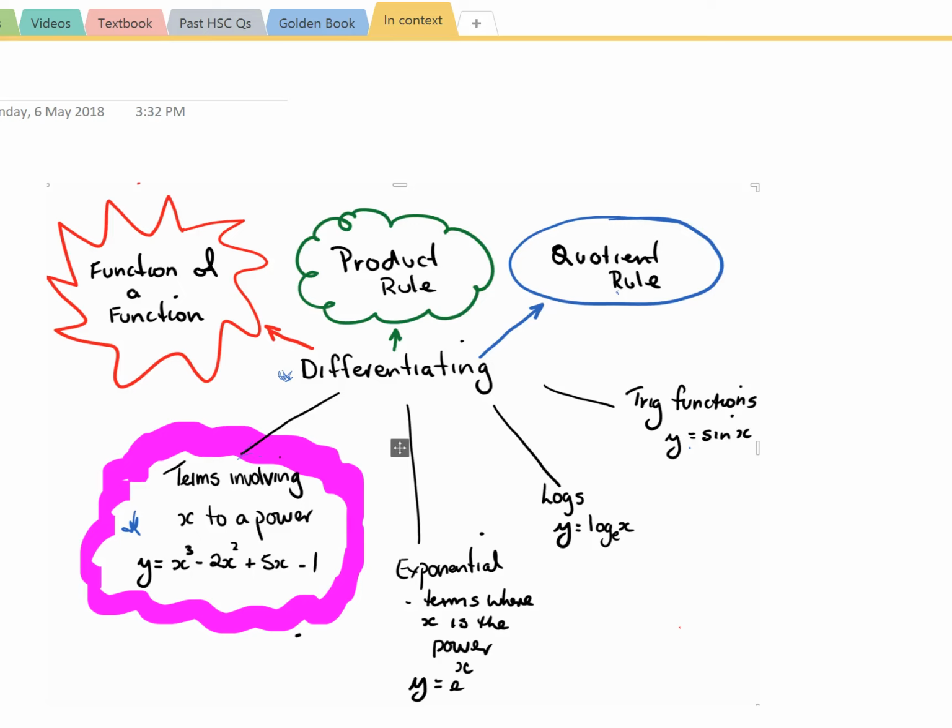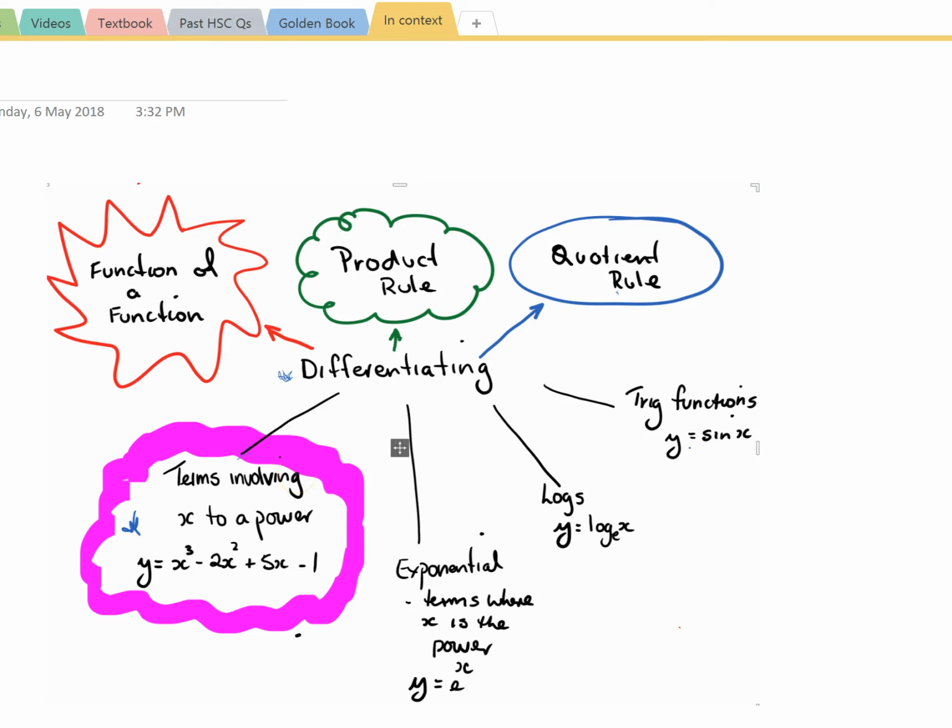Now, just before I start the next exercise, let's have a little recap of what we've achieved so far. You've learned how to differentiate a function where you've got terms of x to a given power.